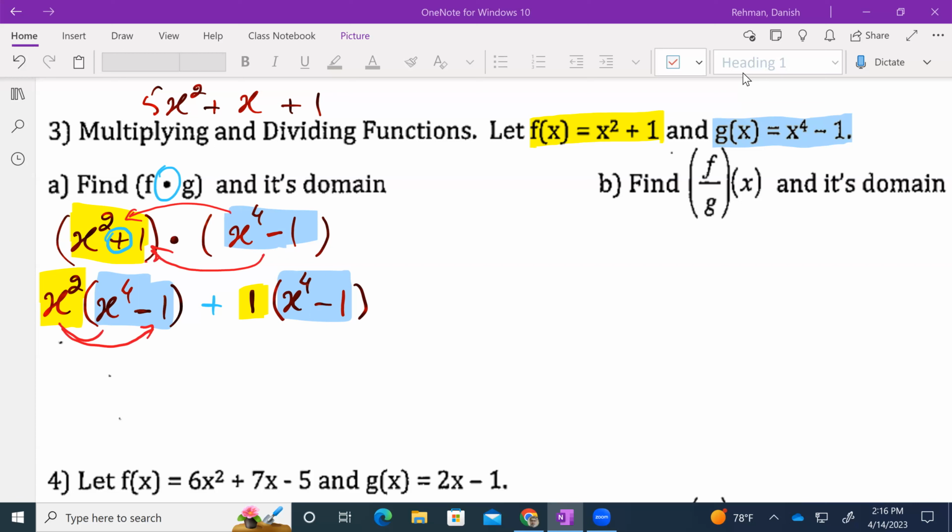We will distribute it over x raised to power 4 and then minus 1 also. A little bit lengthy process compared to addition and subtraction, but we are almost done. Keep it in mind, distribution is the key. Whenever you are multiplying the functions, now 1 will also be distributed over both the terms one by one.